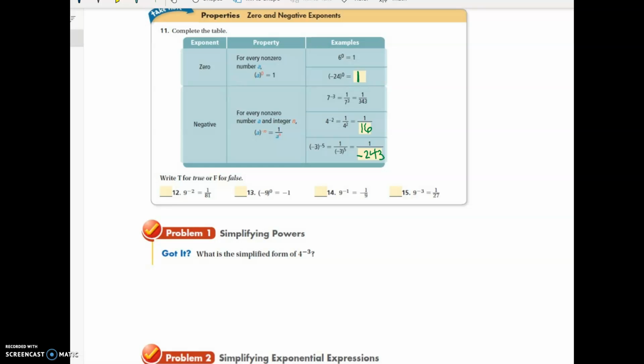Another thing I want to remind you about is the caret. When you are using your calculator and you have an exponent that is other than 2, you're going to look for this little button here on your calculator.